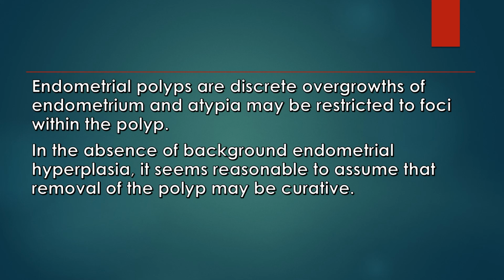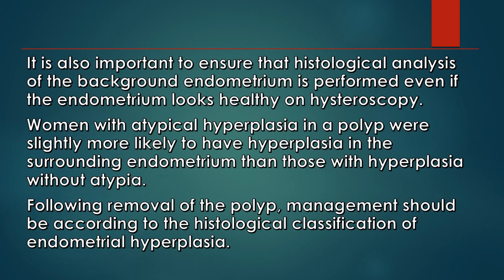Endometrial polyps are discrete overgrowths of endometrium, and atypia may be restricted to foci within the polyp. In the absence of background endometrial hyperplasia, it seems reasonable to assume that removal of the polyp may be curative. It is also important to ensure that histological analysis of the background endometrium is performed even if the endometrium looks healthy on hysteroscopy.